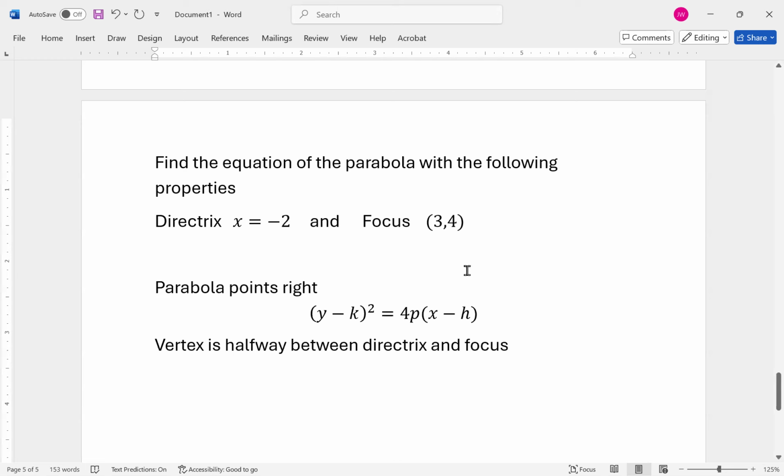That's going to force it to have y value of 4, and the x value is going to be halfway between x of -2 and an x of 3. Halfway between can always be found by adding up and dividing by 2. So my vertex is at 0.5, 4.